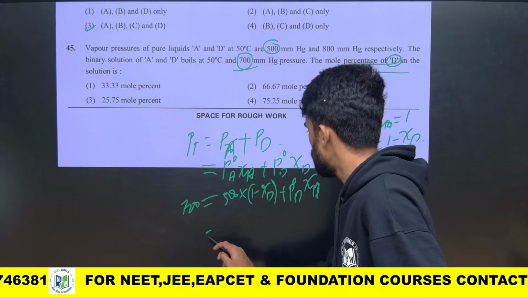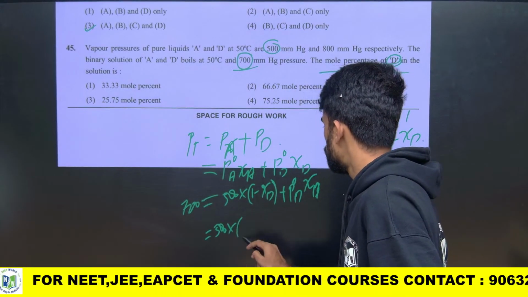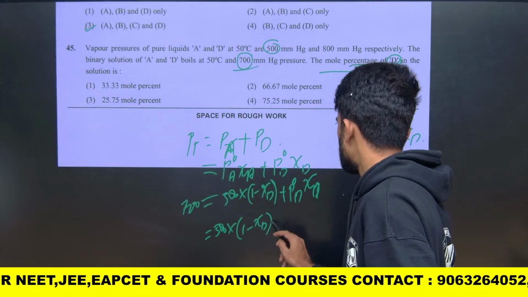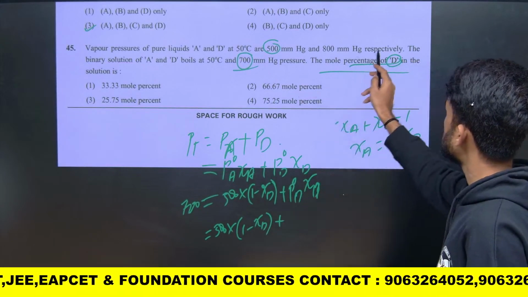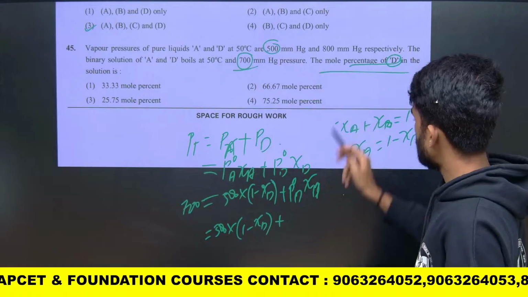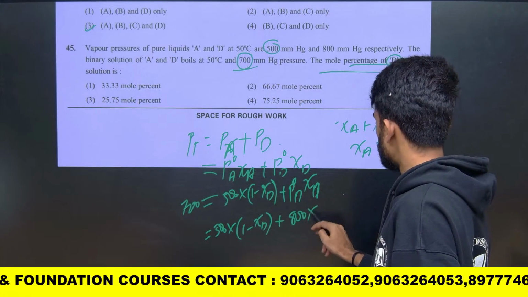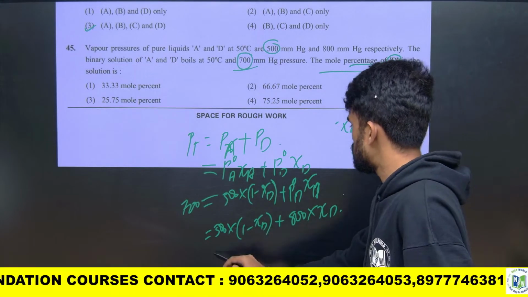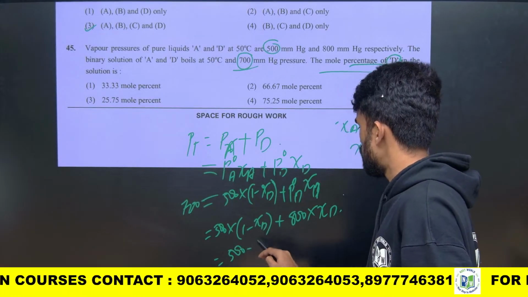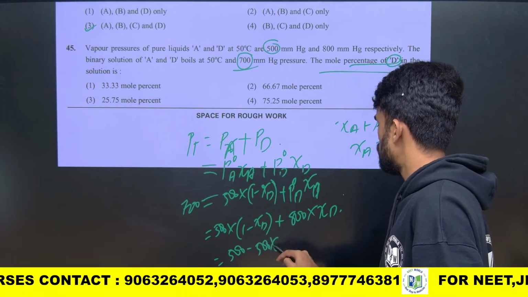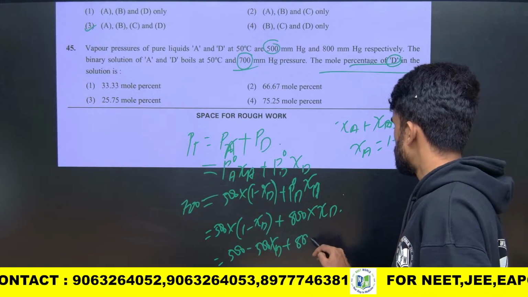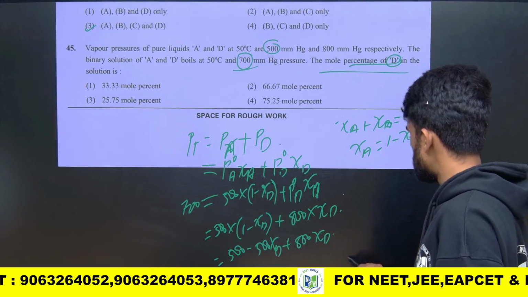So 500 into 1 minus chi D plus P naught D, which is 800, into chi D. Okay, now multiply this inside. 500 minus 500 chi D plus 800 chi D. Okay, I hope it is also clear.